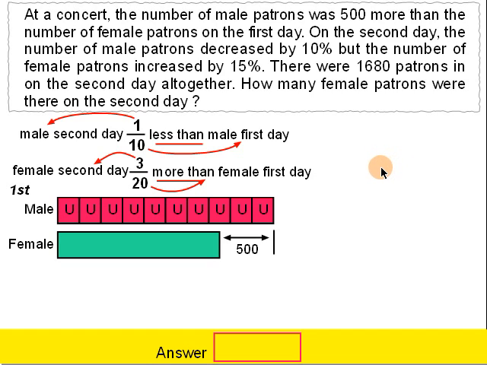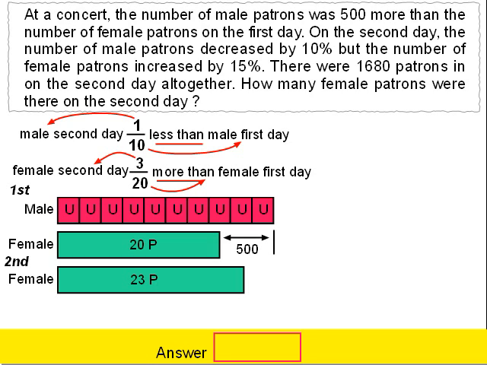Alright. That means we want the first day females model to be 20 parts. So we put it down, 20 parts. Okay, and then on the second day, the female model will be 3 parts more than 20 parts, so it's 23 parts on the second day.